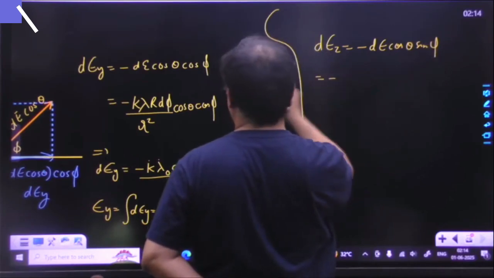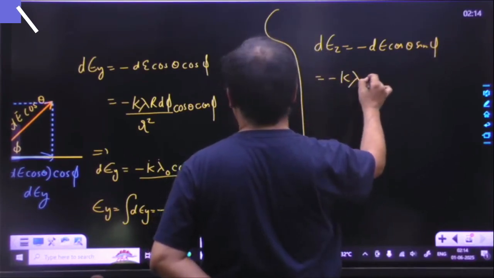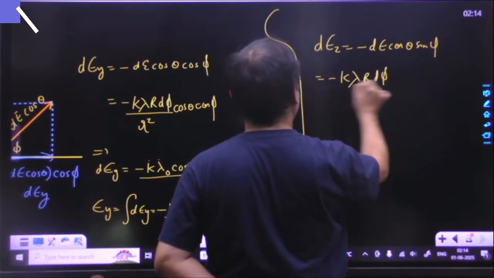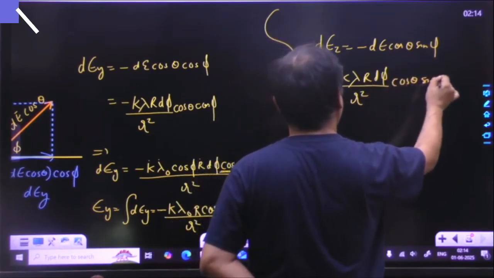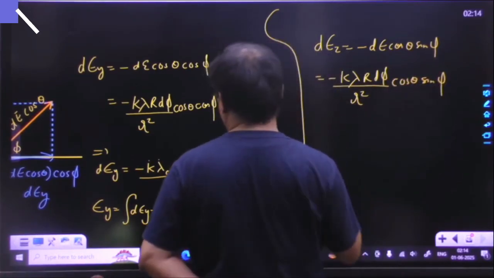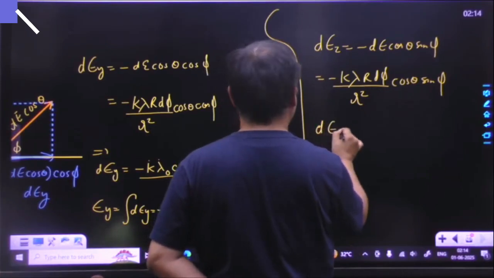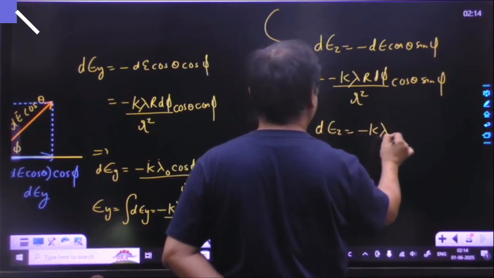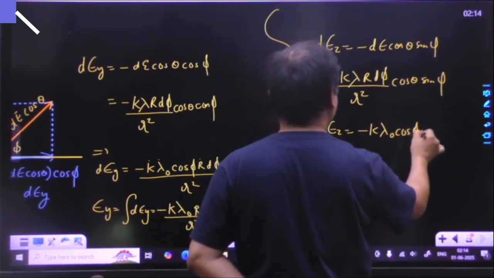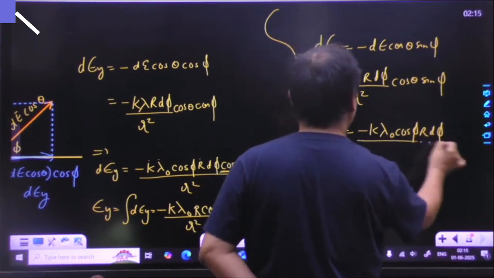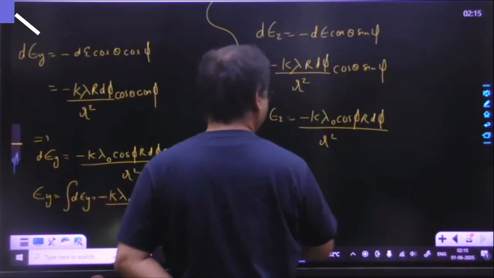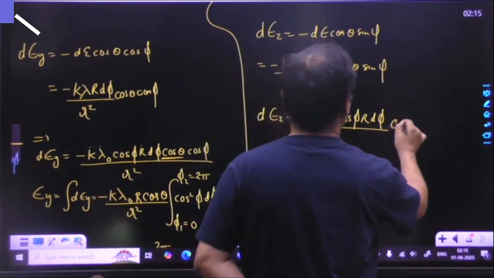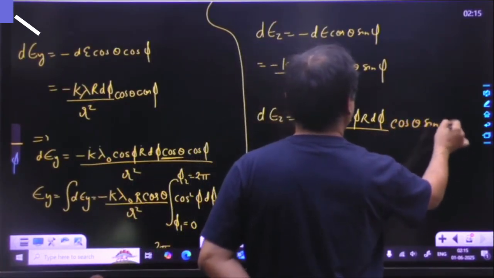Put the value of dE: minus k lambda r d phi by r square, cos theta sin phi. So dEz will be minus k lambda, which is lambda naught cos phi, r d phi divided by r square, into cos theta sin phi.